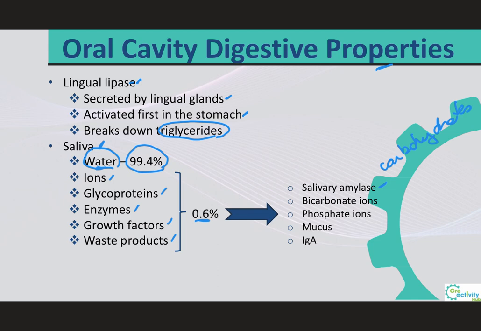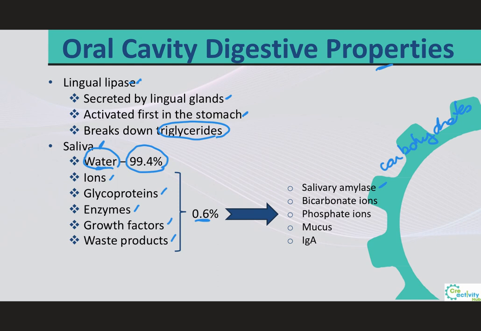So food does not spend enough time in the mouth to allow all the carbohydrates to break down, but the salivary amylase will continue acting until it is inactivated by the stomach acids. So still when it's going down the pharynx and the esophagus, the salivary amylase is still acting on the digestion of carbohydrates.